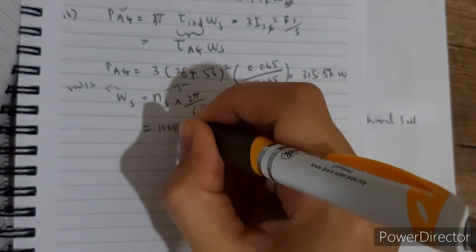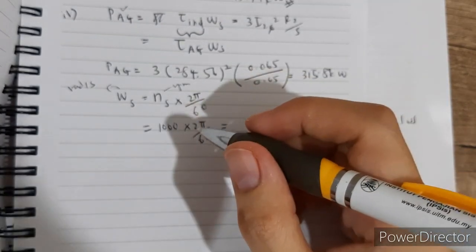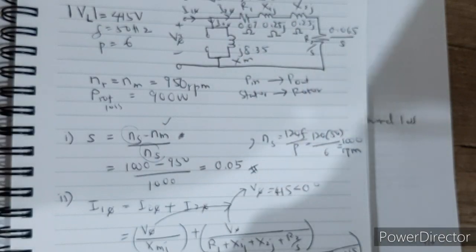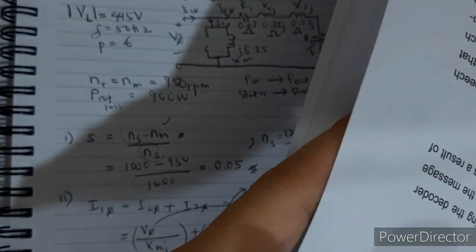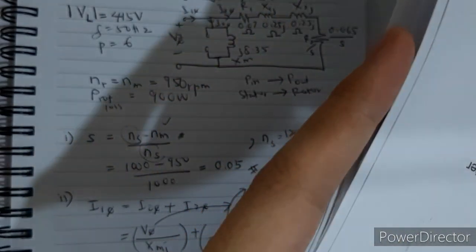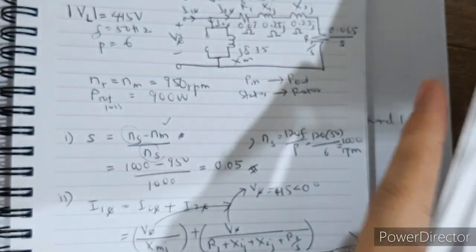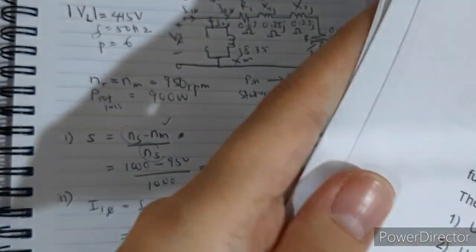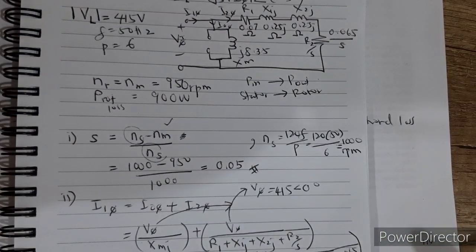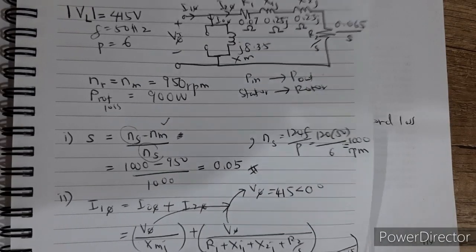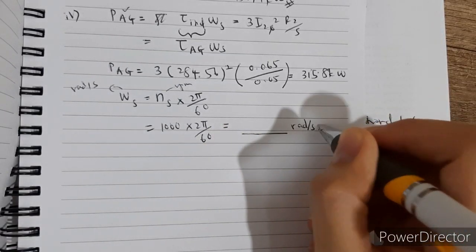So 1000 times 2 pi over 60, you get... I forgot to bring my calculator with me, so you may calculate this yourself later. Your answer will be in radian per second.